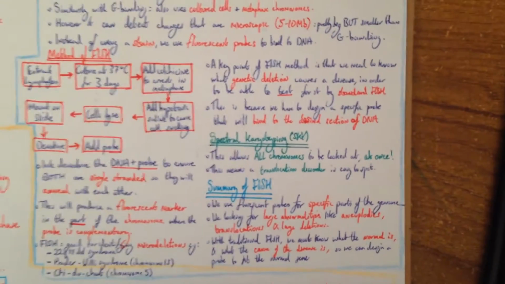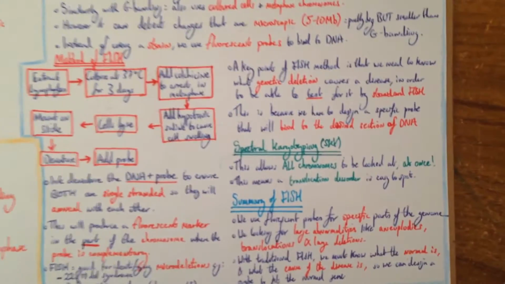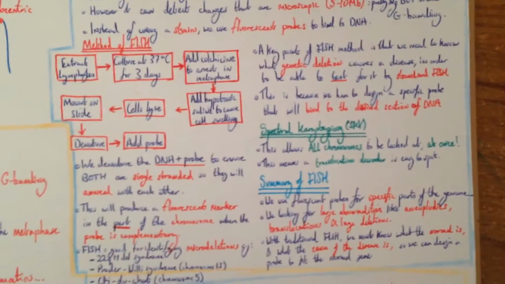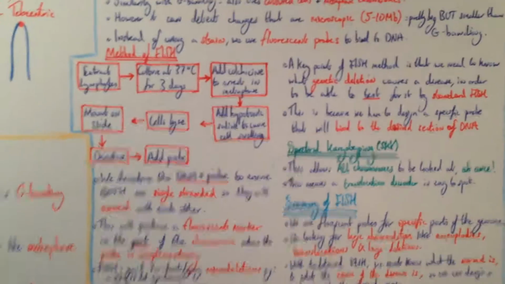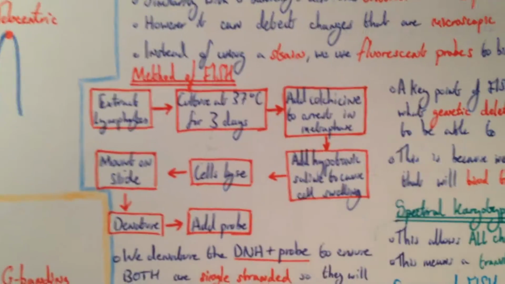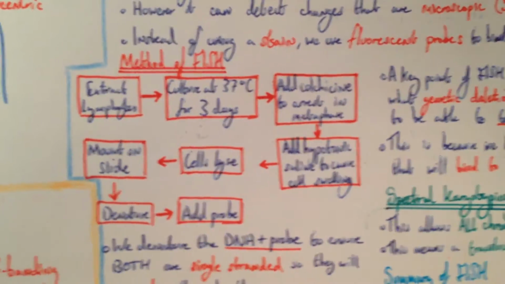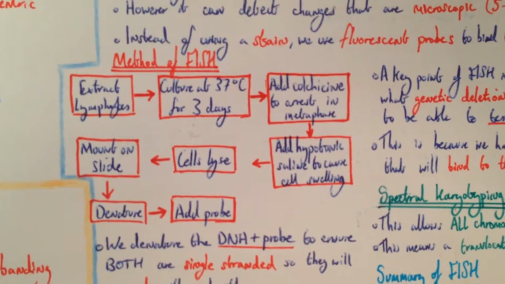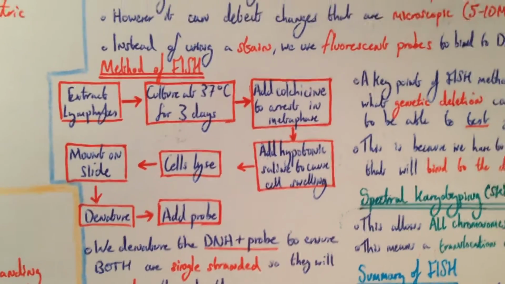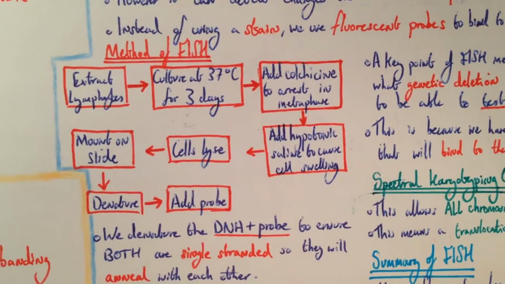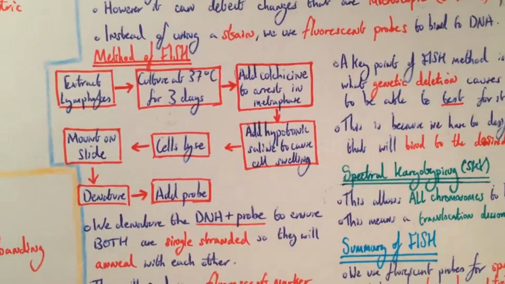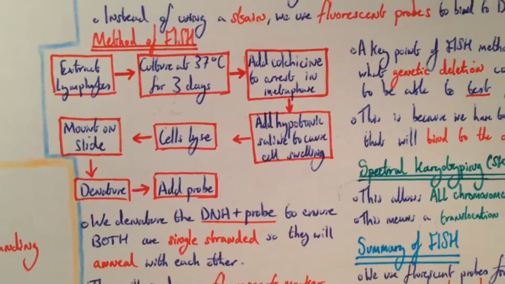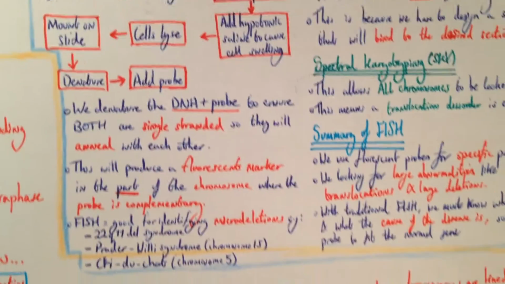Clear? Okay, so the method of FISH is very similar to the method of G-banding. Firstly, we extract the lymphocytes. We culture at 37 degrees for 3 days. We add colchicine to arrest cells in metaphase. We add hypotonic saline to cause cell swelling. The cells lyse, we mount on a slide. We then denature the DNA so it becomes single-stranded DNA, and we add probes.